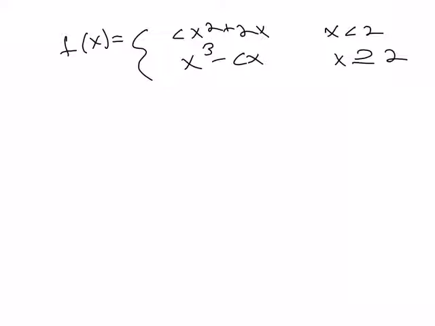So we want to find the c that makes this function continuous everywhere. We want the limit as we approach 2 from the left to equal f of 2, to equal the limit as we approach from the right.